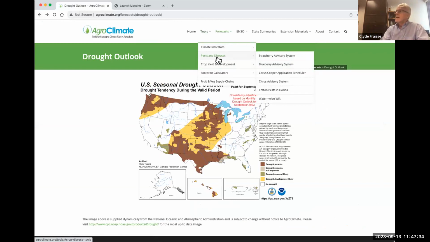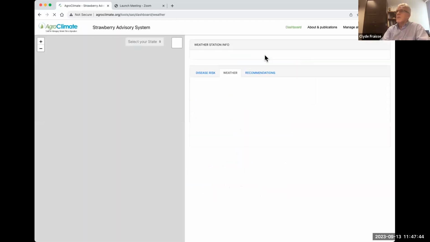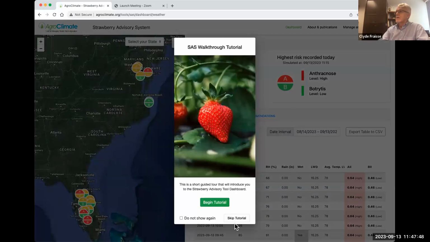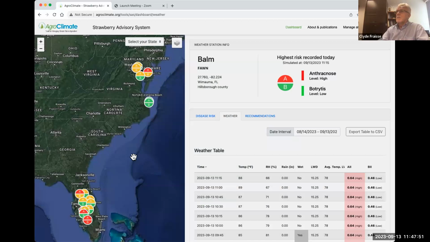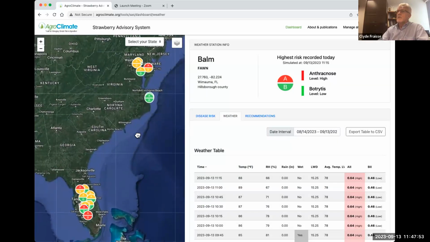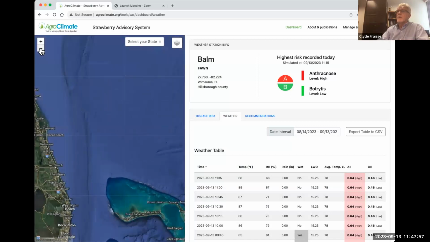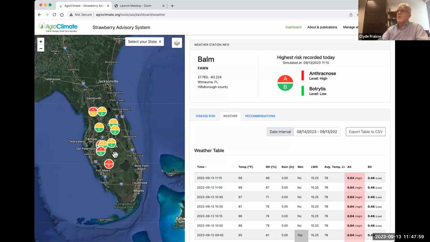This is a quick overview of some of the disease tools. I think that's something that people always look at as well. This is the Strawberry Advisory System. Once you clear this, you can have a tutorial. But again, like I mentioned, you have information for different weather stations.